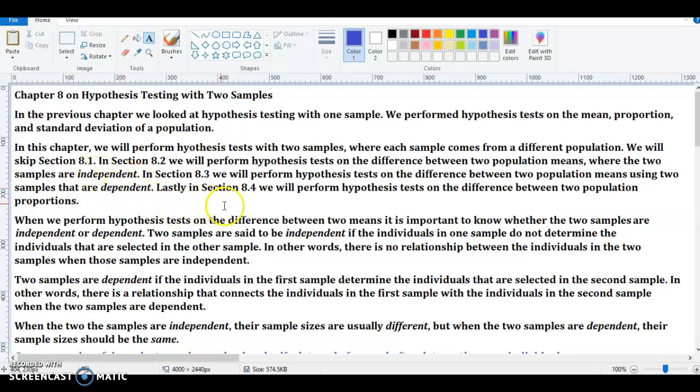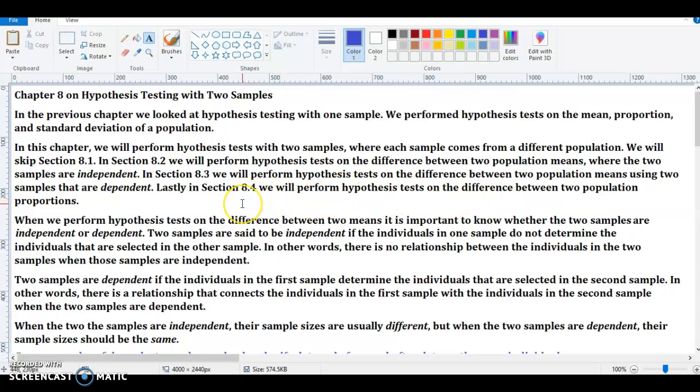And lastly, in section 8.4, we will perform hypothesis tests on the difference between two proportions. In other words, in this chapter, we focus on two population parameters, right? Whether it's two means with independent samples, two means with dependent samples, or two proportions.